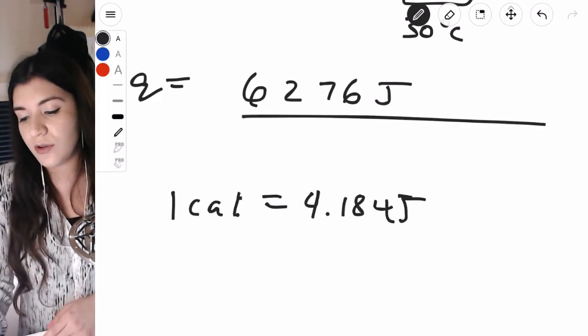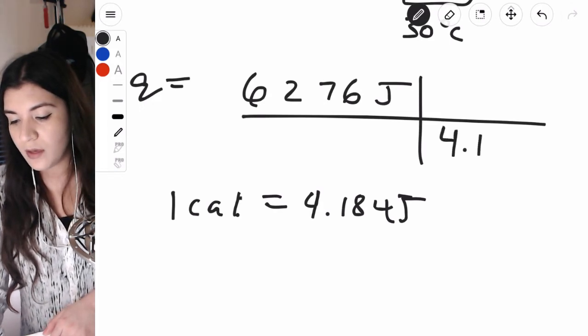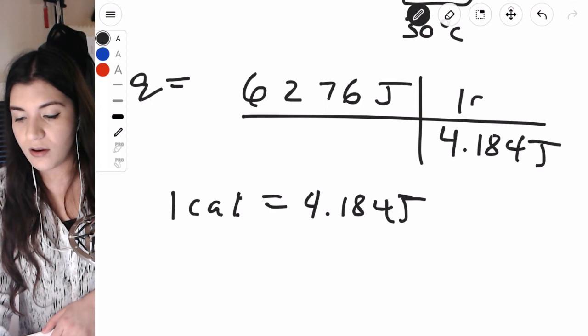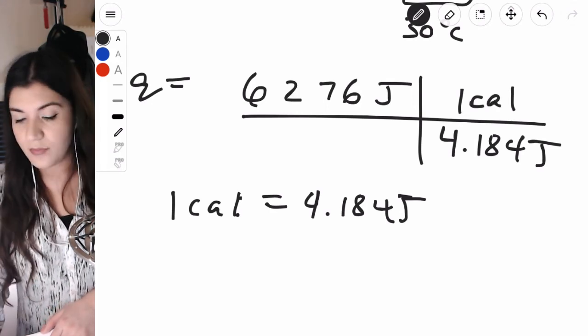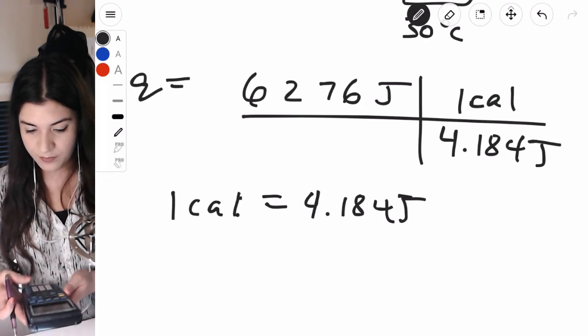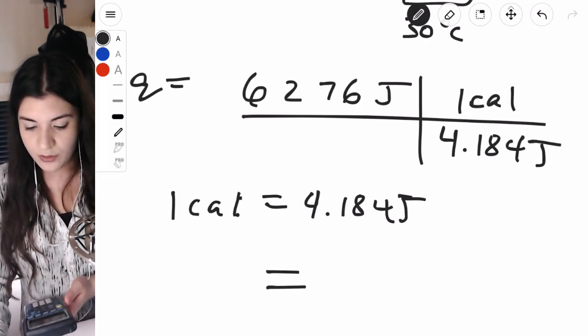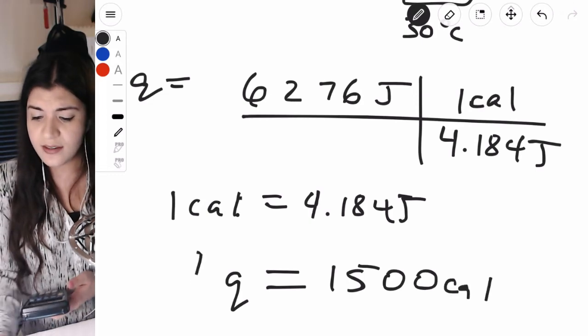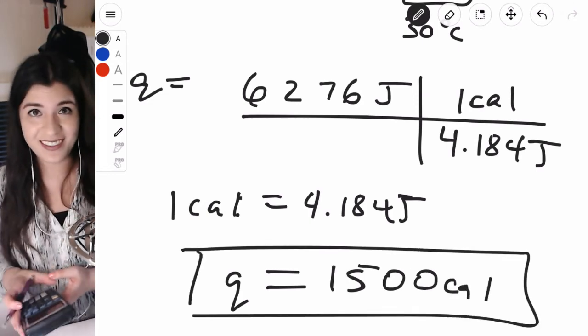I divide my joules by 4.184, with 1 calorie on top, and that would be our answer. So Q is this amount of calories, and that's it for this question.